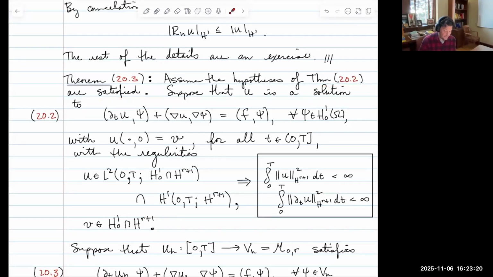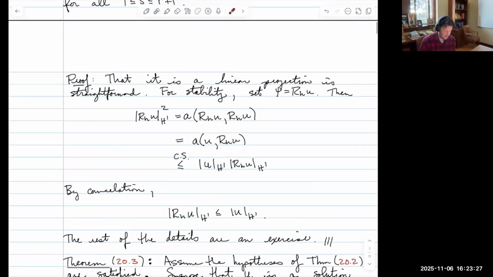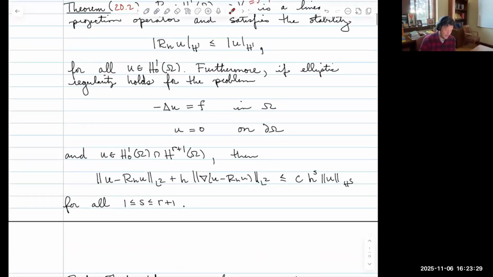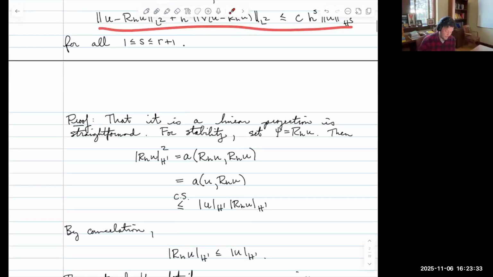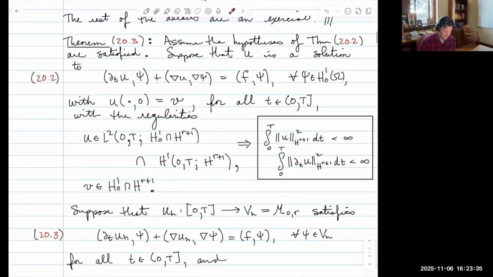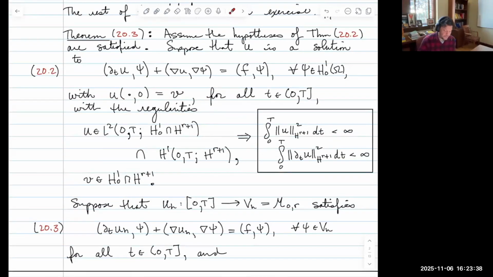That means for the domain that we're working on, we assume the regularity condition holds. That's going to allow us to assume everything that we just proved here. So this is going to be true, and that's going to be true. The hypotheses of theorem 20.2 unlock that for us.